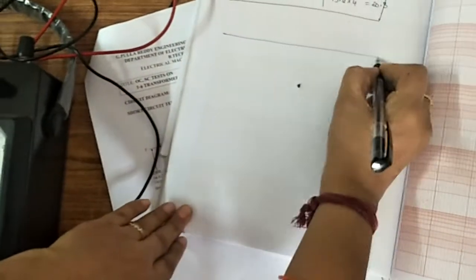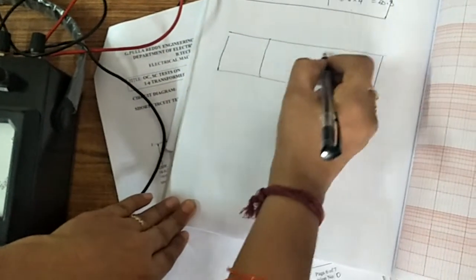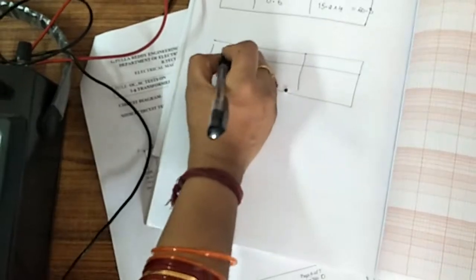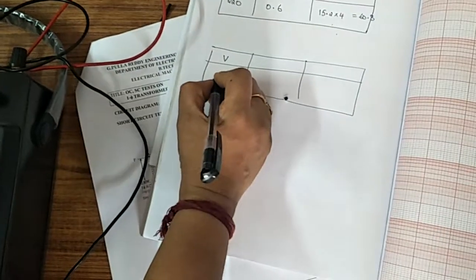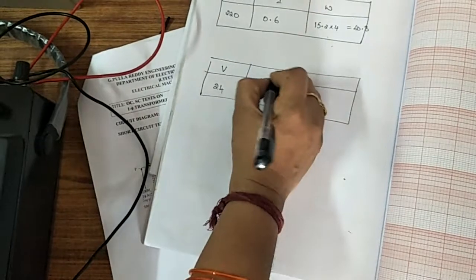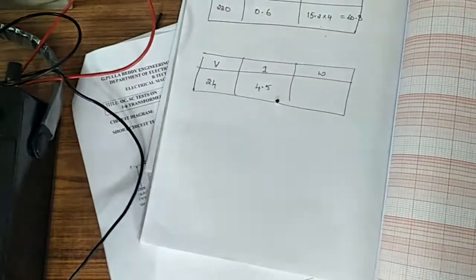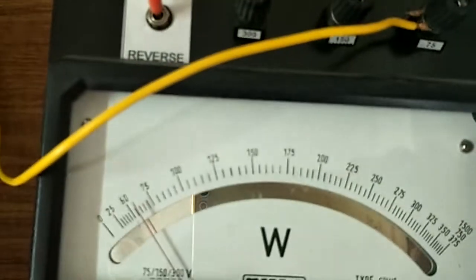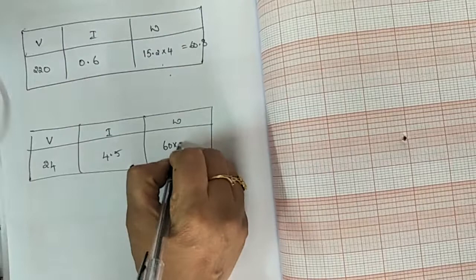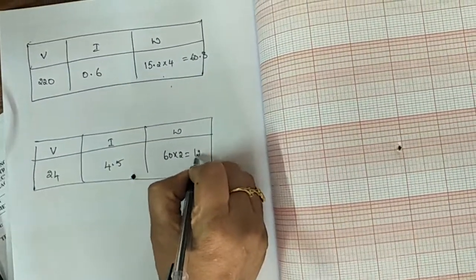If you note down the voltage, current as well as power, the voltage obtained is 24, the current rating is 4.5, and the power reading is 60 watts. So 60 into 2 gives you 120.